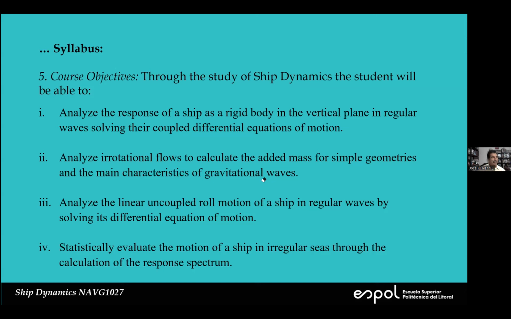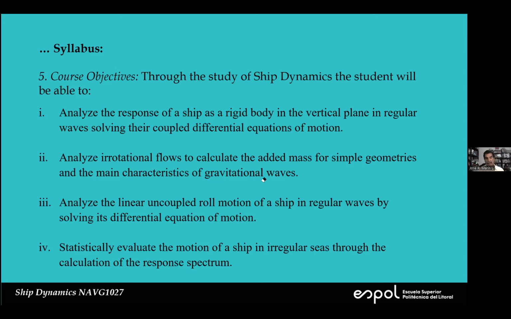And finally, the first 3 objectives are related to regular waves, harmonic motion. But the problem is that the real world is not harmonic. So we have to use some simple statistics, some theory from random processes in order to be able to take characteristics of the waves and apply to the ship.